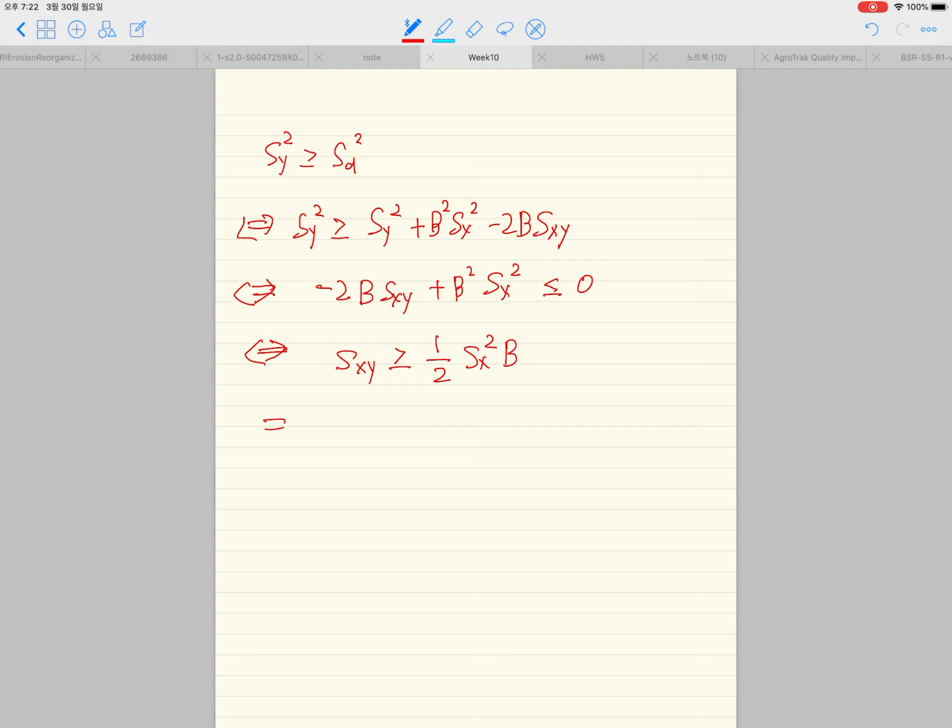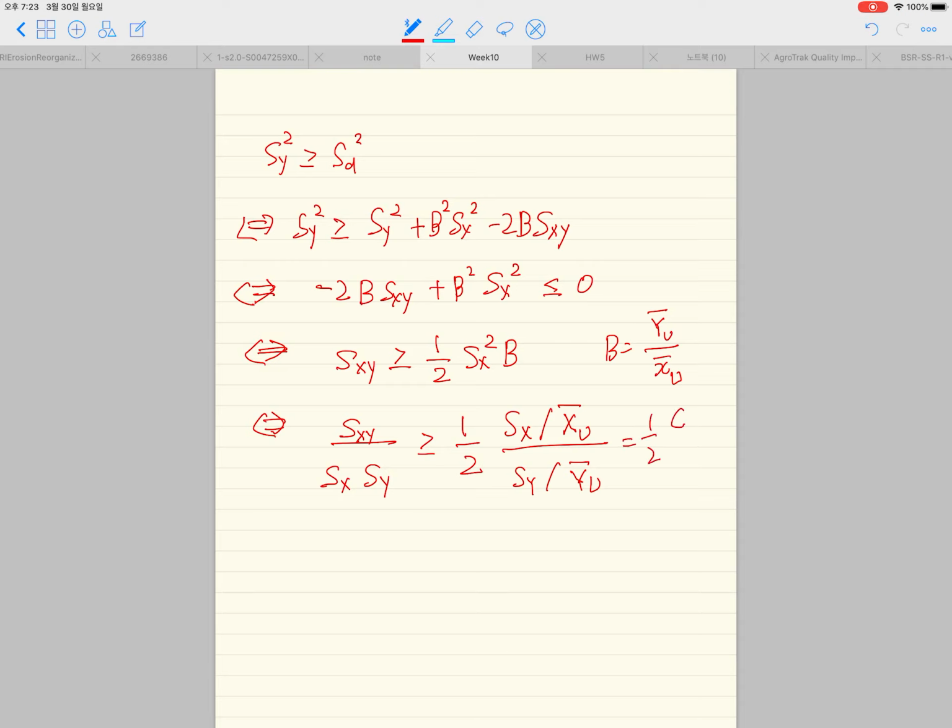So that is actually, you can write it as, then you have some algebra, x bar U divided by, because b is y bar U over x bar U, so s_y over y bar U. So that is the half of CV_x divided by CV_y.